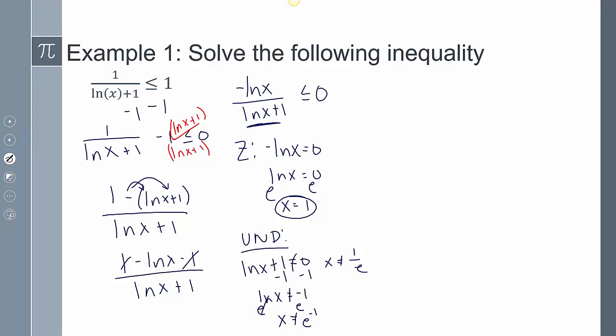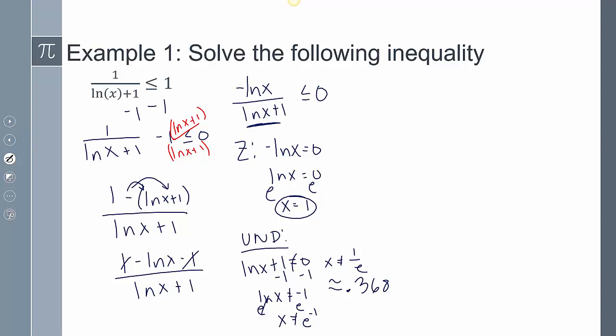We may have to use the calculator to find an approximate for that. So given an approximate, you're going to get about 0.368. So that is the approximate value for that.